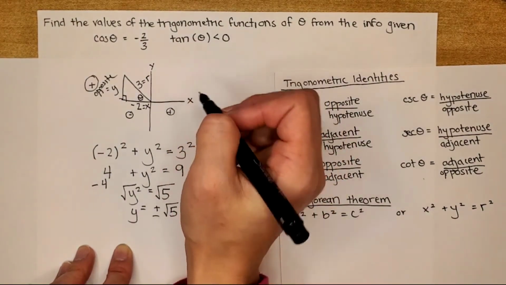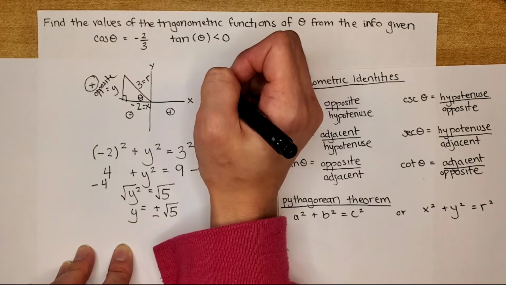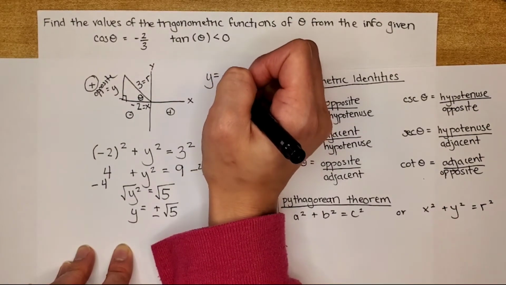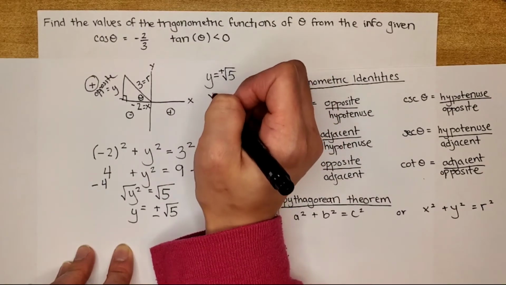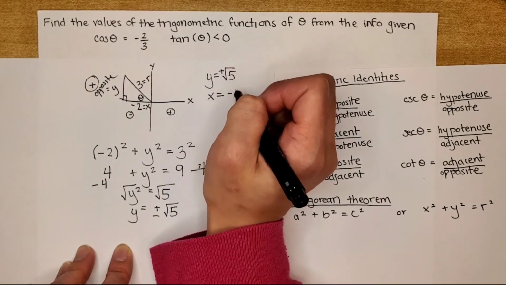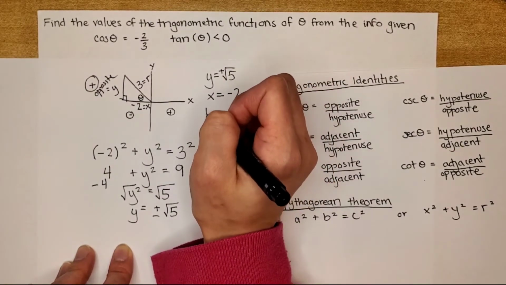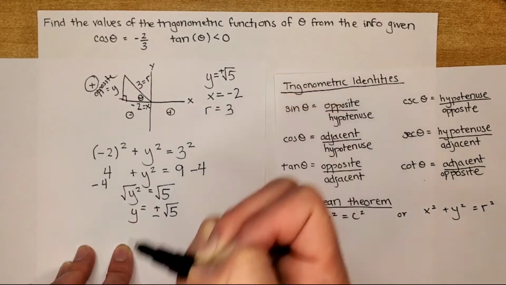And so we now have determined that our y is going to be a positive square root of 5, our x is going to be -2, and our r is going to be 3.